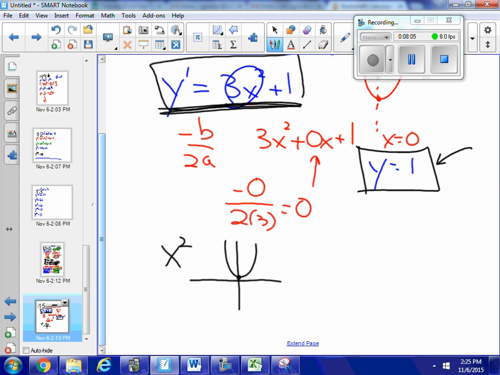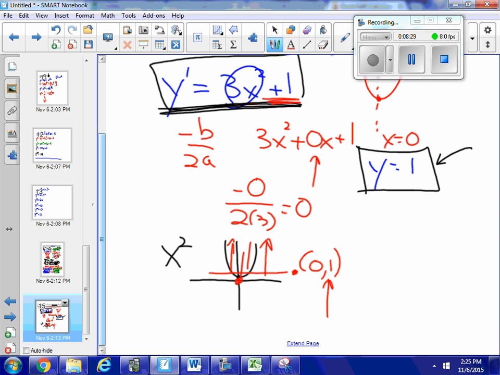It's not going to change where my vertex is. But this plus 1, this k, is going to raise the entire parabola up by 1. So my minimum point right there is going to be at the point 0, 1. Again, showing me that my smallest slope is 1, and that it's going to happen at x equals 0.